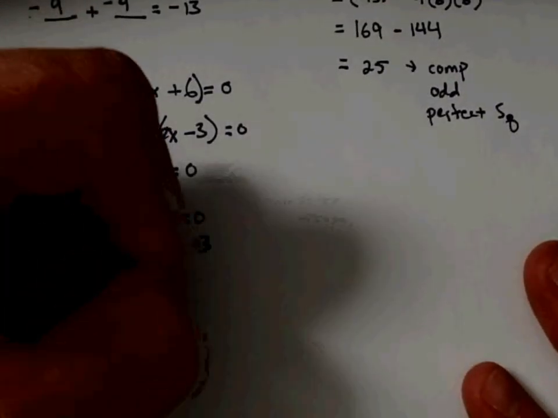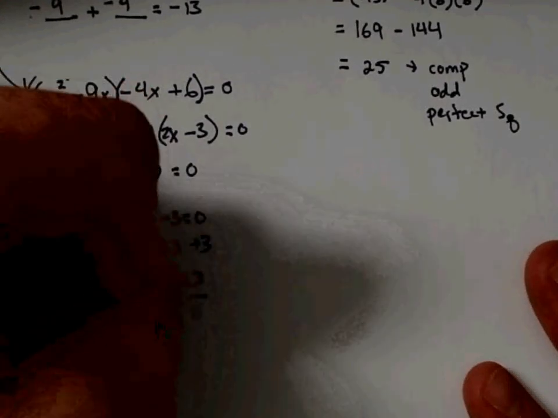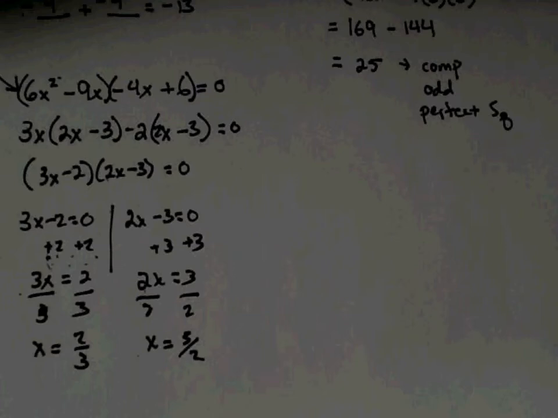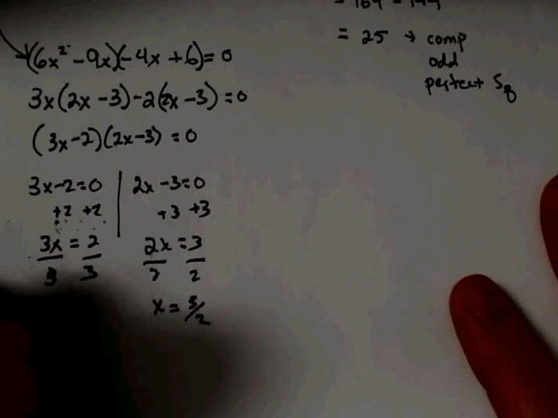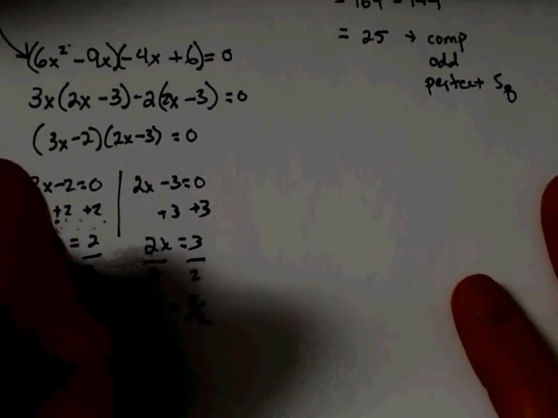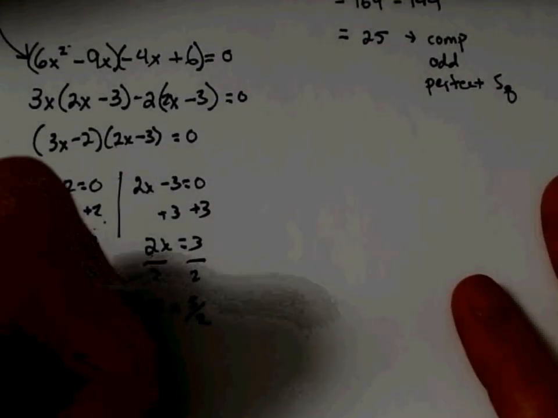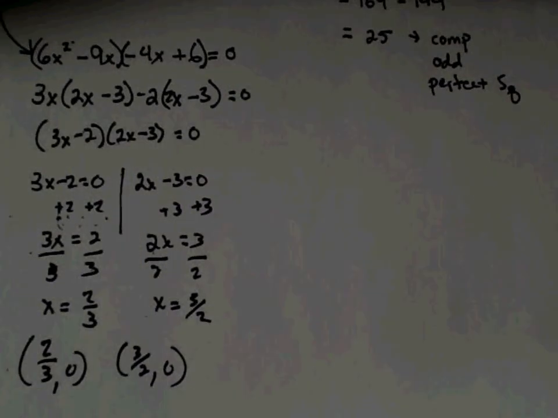Add 3 to both sides, 2x equals 3, divided by 2, x equals 3 over 2. And those are my two x-intercepts. And so this should be written according to the problem, 2 over 3 and 0, and 3 over 2 and 0.